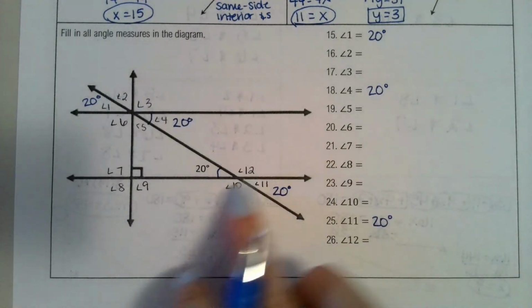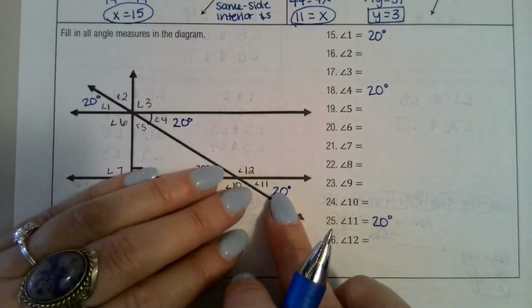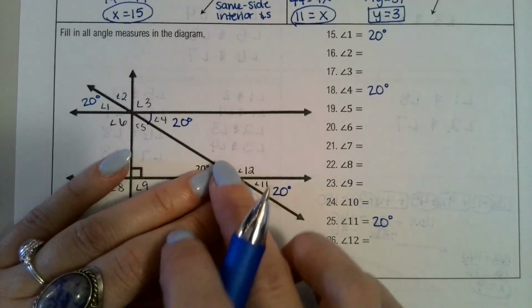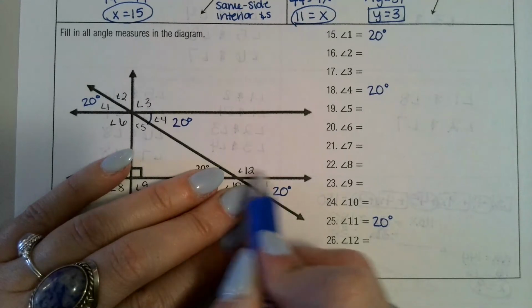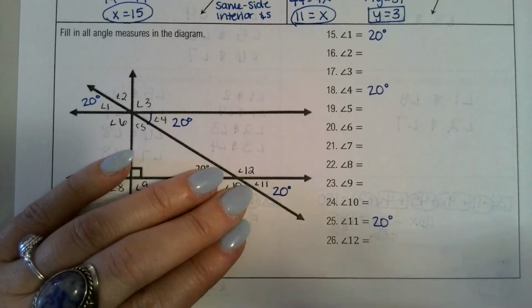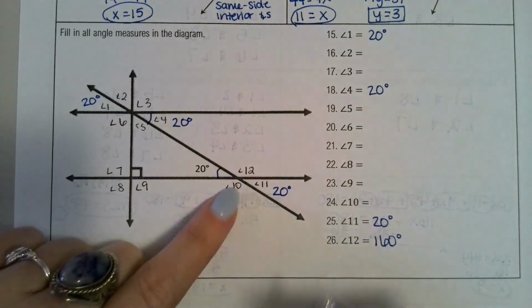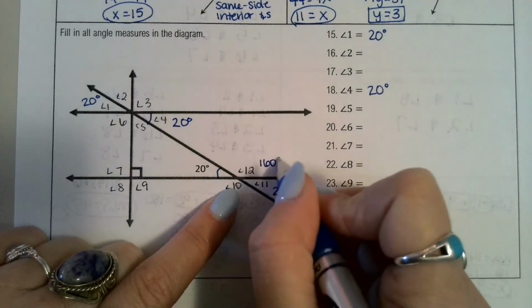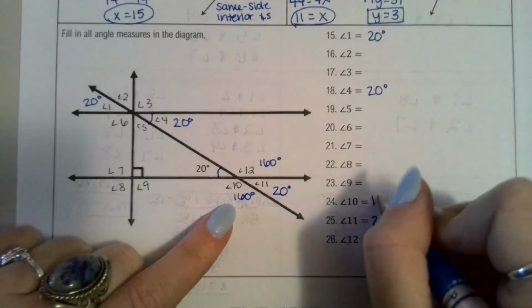Coming back down to this bottom right cluster, if I know that angle 11 is 20 degrees, angle 11 and angle 12 are supplementary. They form a straight line, so together they must make 180, which means that angle 12 must be 160 degrees. And angle 10 also must be 160 degrees.